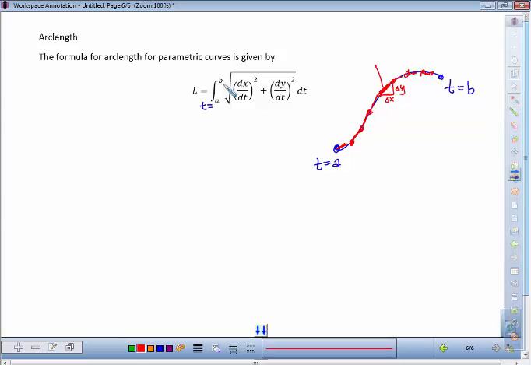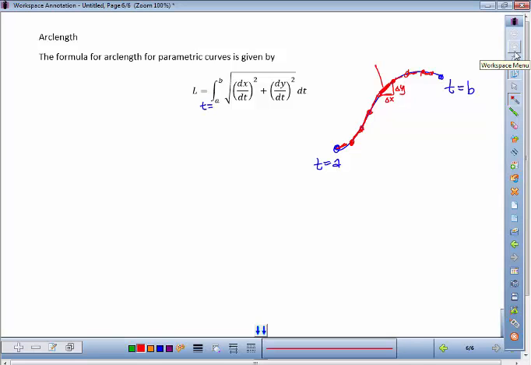But it comes from partitioning into small pieces and making triangles, Pythagorean's theorem, finding the length of each of those line segments, and then doing Riemann sums on them. Okay, aside from that, that story should have been told to you when you were taking Calc 2.